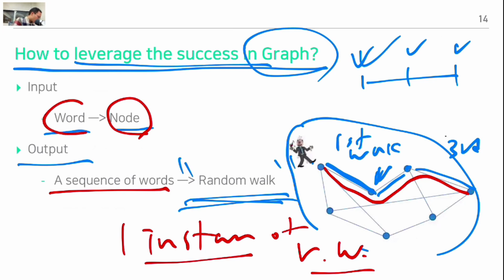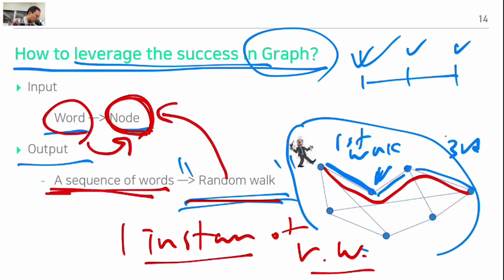So once again, a word is converted to a node to get the node representation, and instead of the sequence, we use random walk for the context of the node. So that's all. You can close this lecture if you understand this.